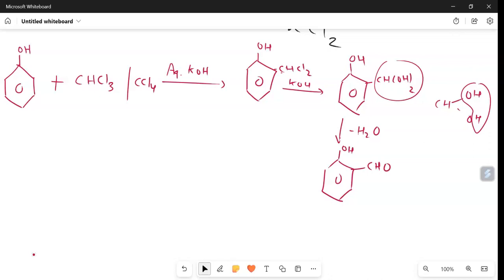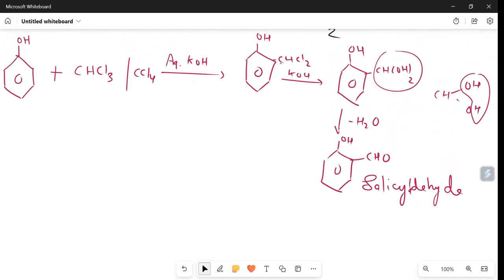This will be the formation of salicylaldehyde in this reaction.